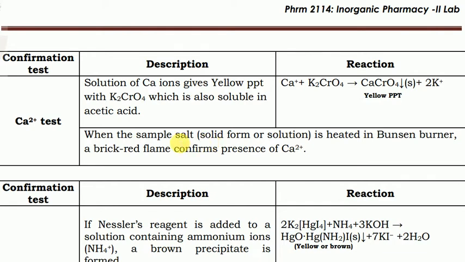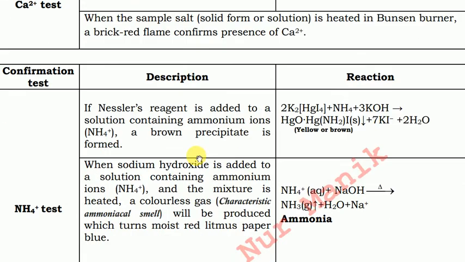In the flame test, the calcium will produce a brick red flame, and the flame is produced by dipping the platinum wire into hydrochloric acid, then dipping the platinum wire in a sample solution containing calcium, and heating this platinum wire coated with calcium. It will produce a brick red flame, and that confirms the presence of calcium. Okay, this is a dry test.